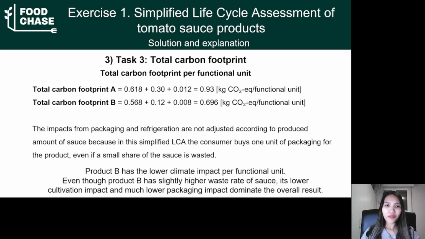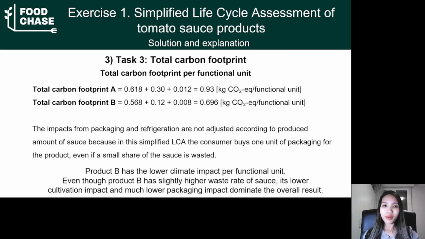The impact from packaging and refrigeration is not adjusted according to the produced amount of starch because it is a simplified life cycle assessment. The consumer buys 1 unit of packaging of the product. So even if a small share of the starch is wasted, we calculate the impact based on the total amount of starch produced and 1 unit of packaging.